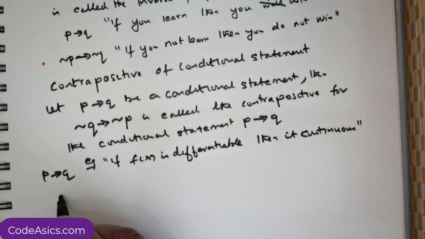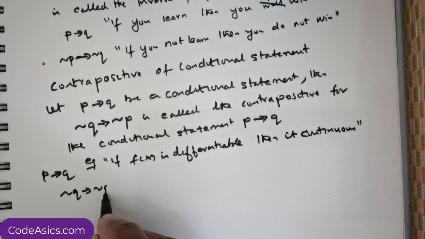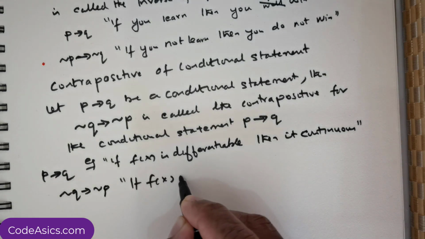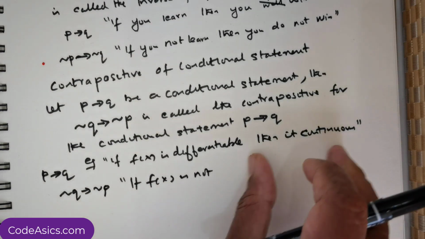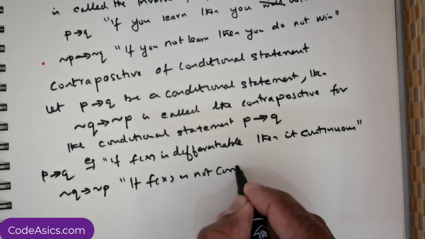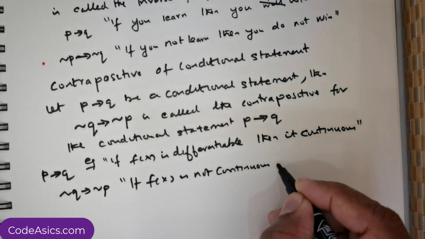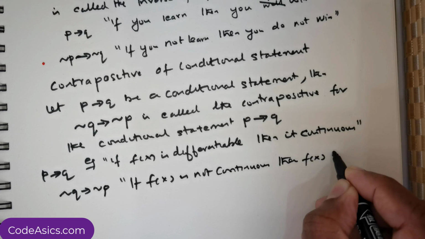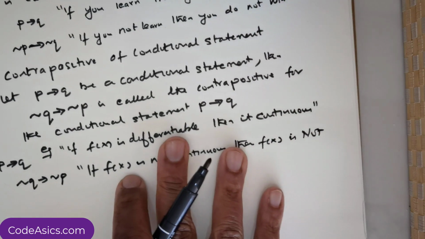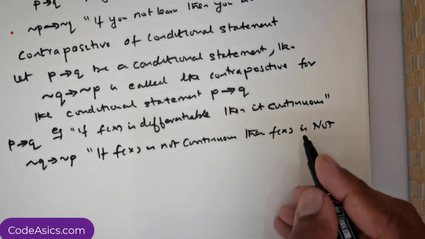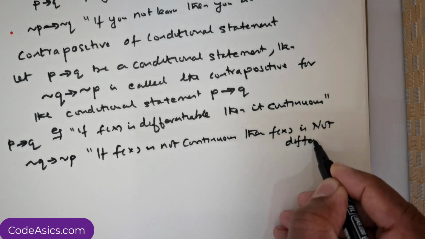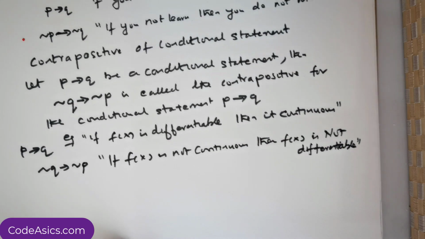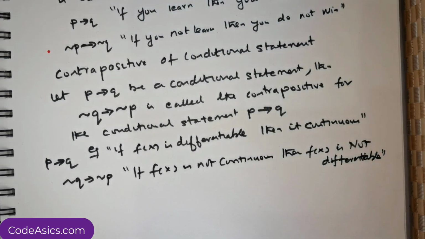So that would be: if f of x is not continuous, then f of x is not differentiable. So that is the illustration, and we will move on.